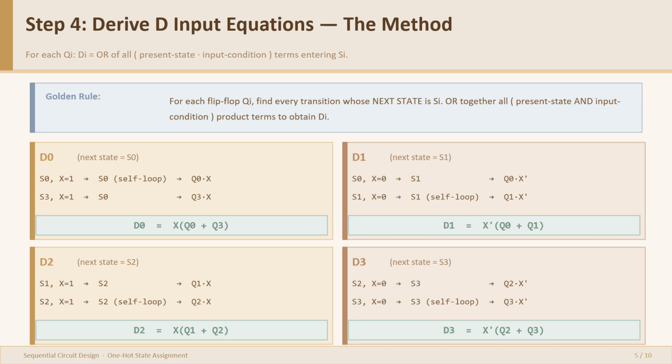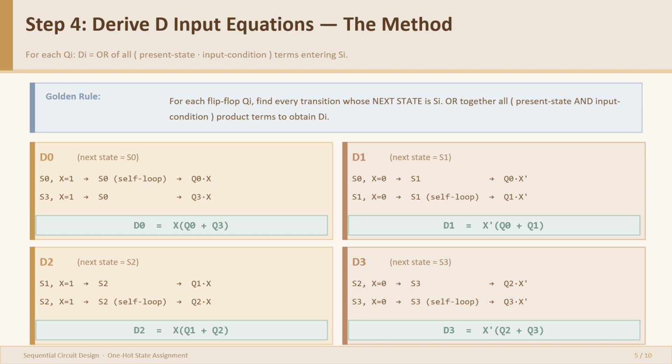Staying in S0, this contributes the term Q0 times X. Second, the machine is in S3, meaning Q3 equals 1 and X equals 1. This transition back to S0 contributes Q3 times X. We add these two terms together.